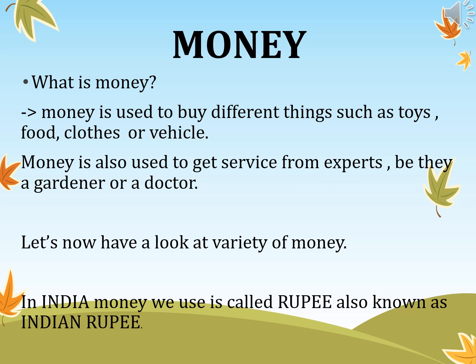Money is also used to get services from experts like a gardener or a doctor. Anywhere you go, if you want to avail any service, you have to pay for that, and the amount we pay is known as money.